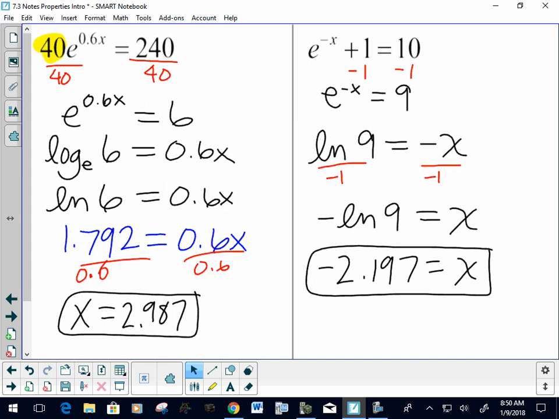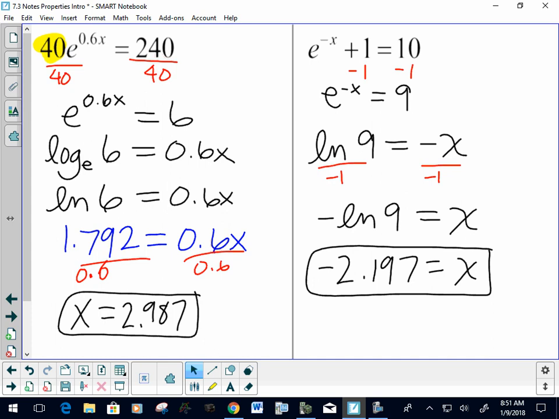All right, so that is solving exponential equations. The reason they have you solve exponential equations right now is because I wanted to give a purpose to logs. One of the reasons that we need logs and use logs is so that we have a method of solving an exponential equation beyond just guess and check. So that was solving exponential equations.